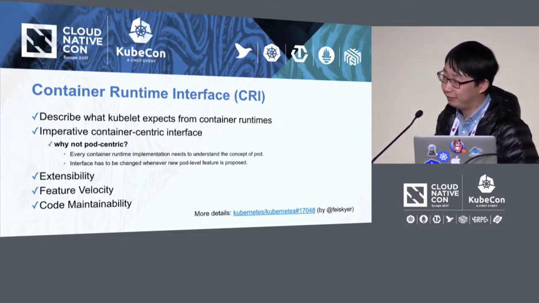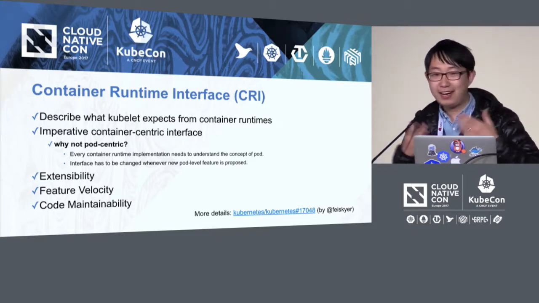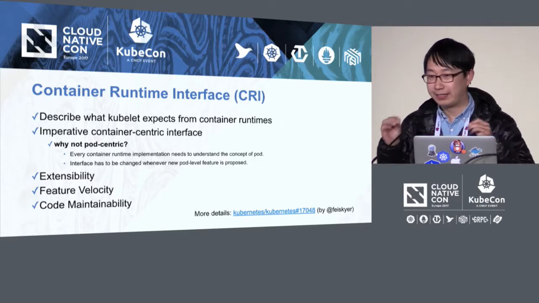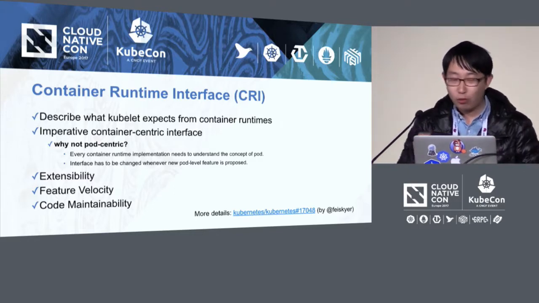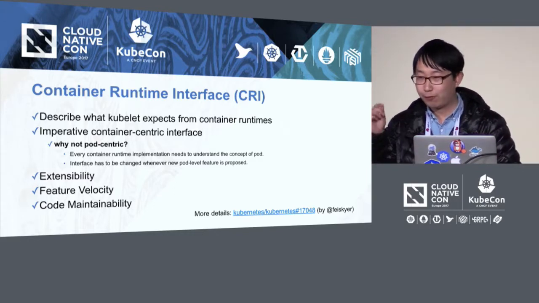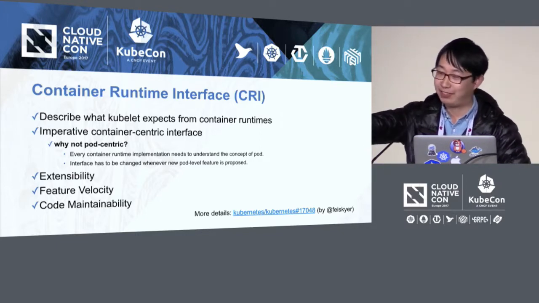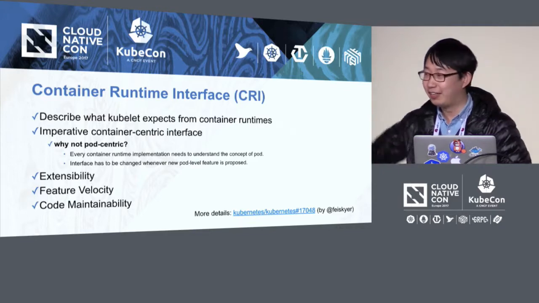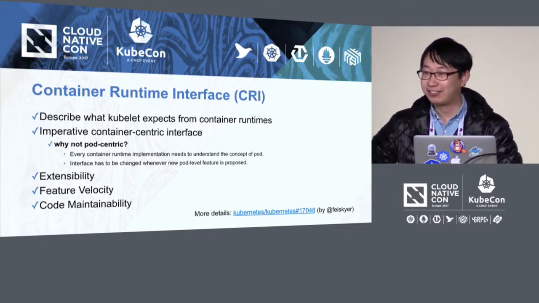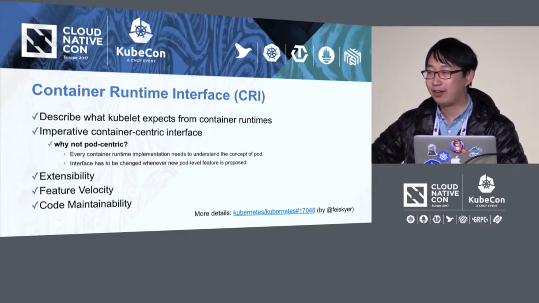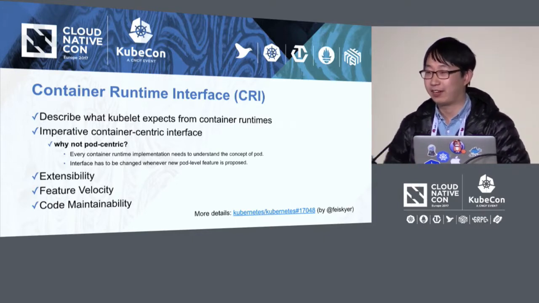So let's begin with the container runtime. The CRI is actually a group of interfaces to describe what Kubernetes expects from a container runtime. For example, I am Kubernetes, and maybe you are Docker. So I can say, hi Docker, please prepare an API whose name is start container. I can pass you a group of configurations, and you use that to start a container.